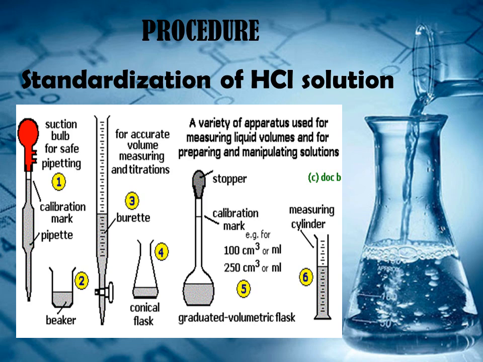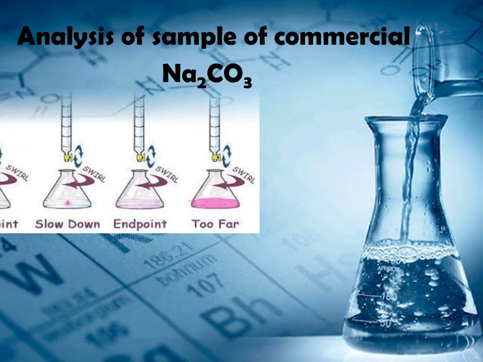Titrate the content of the conical flask against HCl solution and note the final burette reading. Repeat this step until concordant readings are obtained and calculate the molarity of the prepared solution.